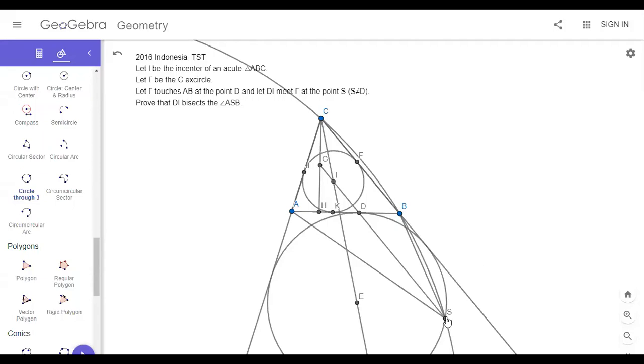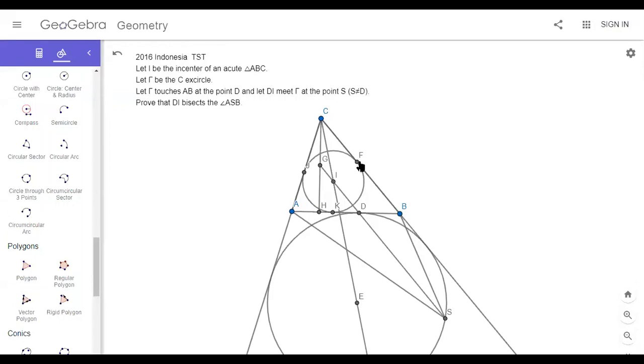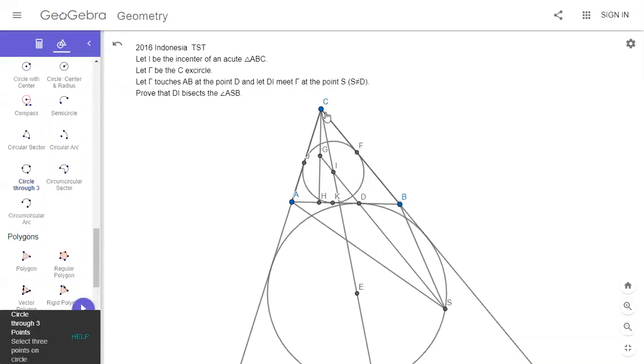Because S, IMO 2002 G7. Okay. But yeah, I don't think SBC is tangent.